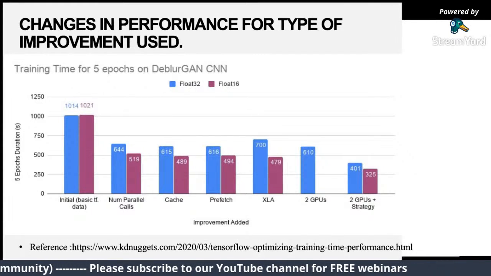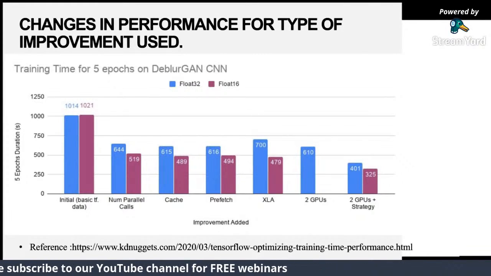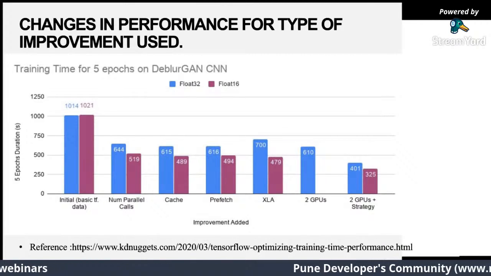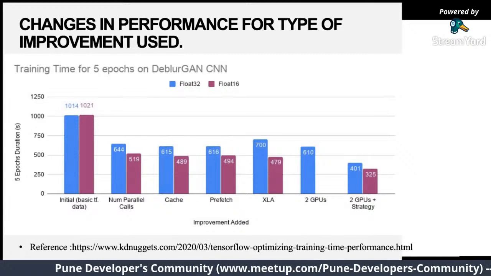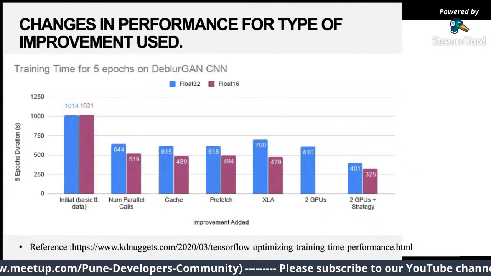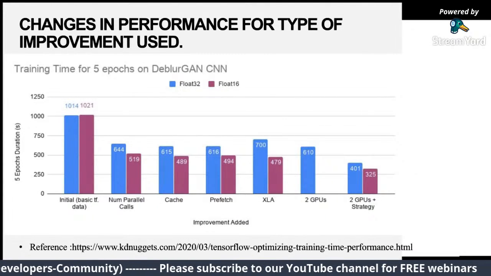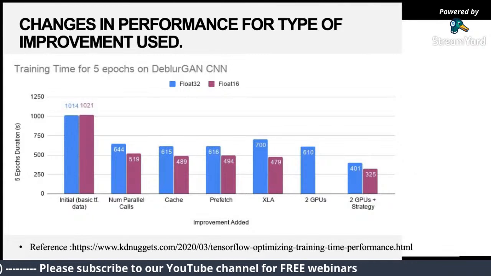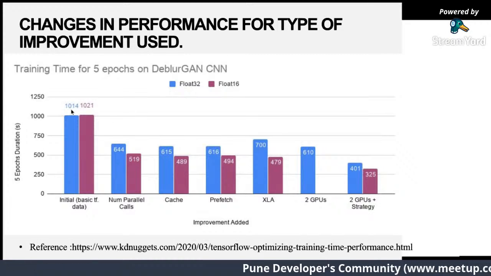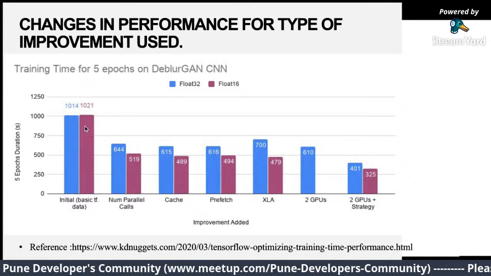One method is to use float 16 if your application is not that accuracy specific, and you can manage some accuracy loss, say 90% accuracy instead of 94 or 92%, for speed. So you have to make a certain trade-off: you can have either speed or accuracy when dealing with 32-bit or 16-bit operations. Then you can go ahead with 16. Initially this took around 1014 seconds for 32-bit and 1021 seconds for 16-bit operation.